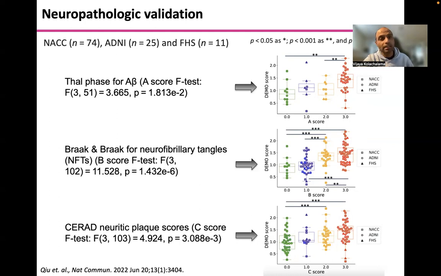And using standard statistics such as a one-way ANOVA test, we rejected the null hypothesis of there being no significant differences in these model predicted probability scores between semi-quantitative neuropathology score groups, with a confidence level of about 0.95. Again, this is very reassuring for us to see that the model was trying to predict the disease accurately using all that information.